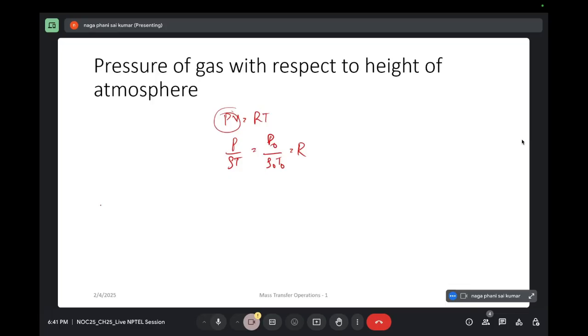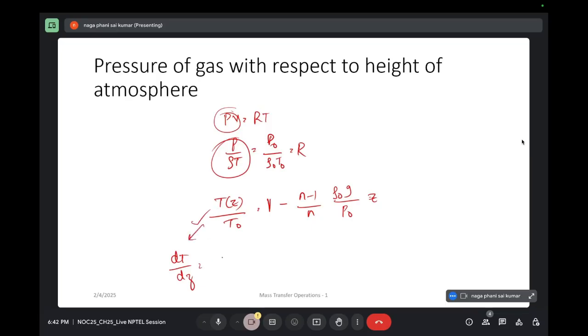Similarly, from previous equations, using this relation, we can write T(z) by T naught is equal to 1 minus n minus 1 by n into rho naught g by P naught into z. You can also have a relation for dT by dz as well. Just differentiate this equation and you'll get minus n minus 1 by n into g by R.